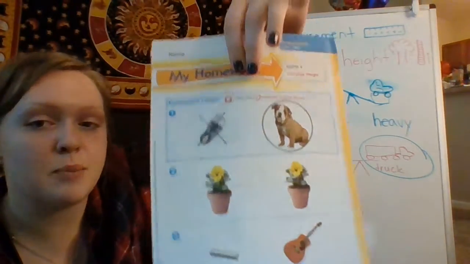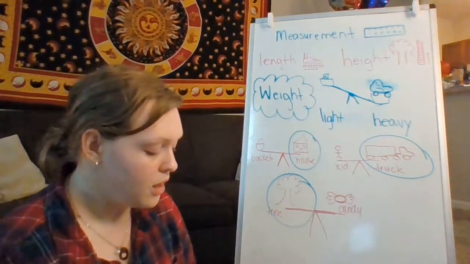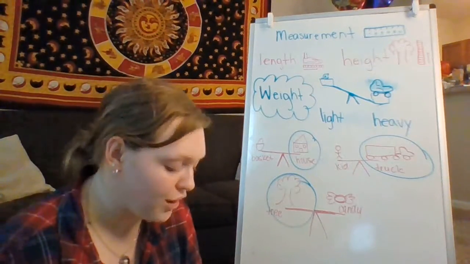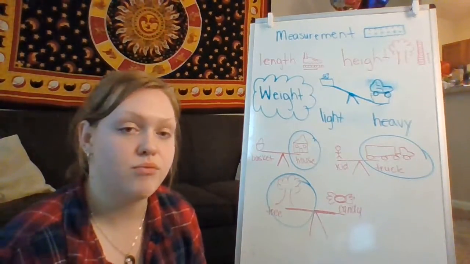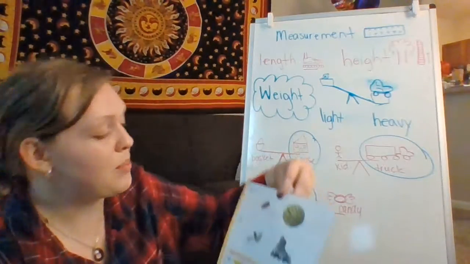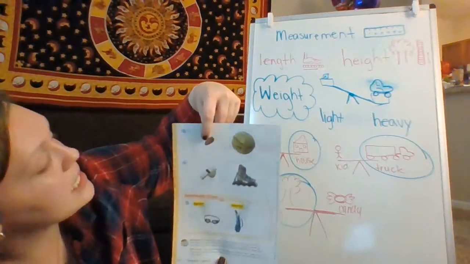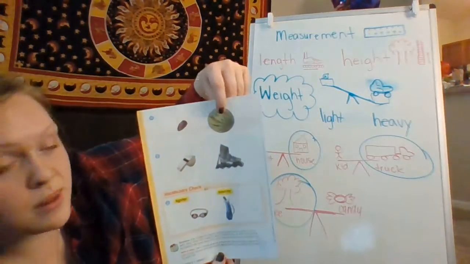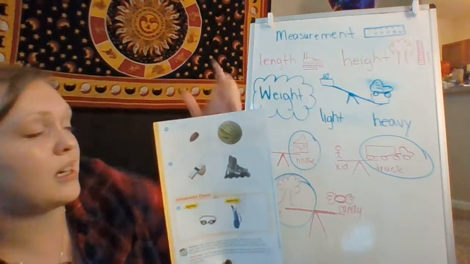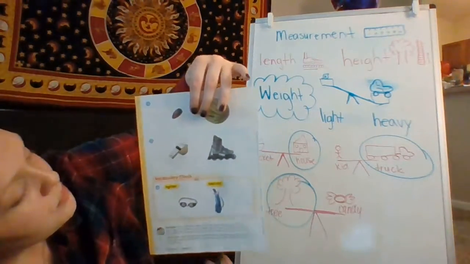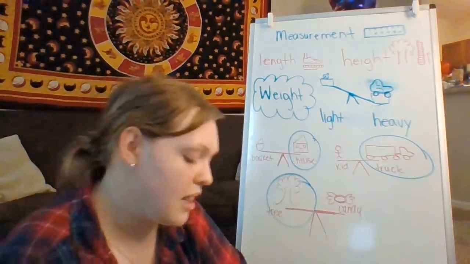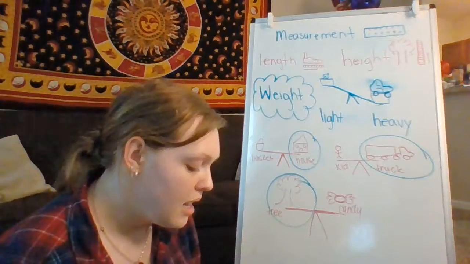A harmonica is pretty small. So which one would be bigger? Which one would be heavier? The guitar would be heavier. Then on the back, you've got a watermelon and a seed or a raisin there. Watermelons are much heavier than seeds are, so we would circle our watermelon and X out the seed. You can take a look at the other ones on your own and give those a try.